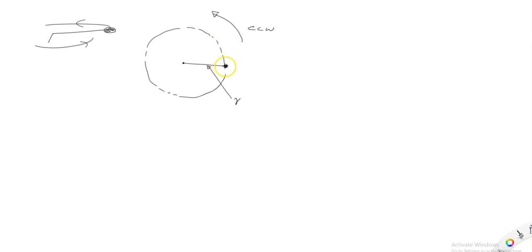At this point, the velocity is pointing straight up. Sometime later, at this point, now it's here, the velocity is pointing in this direction. We can't say it's the same velocity because the direction has changed. Let's assume that you are going at a constant speed.